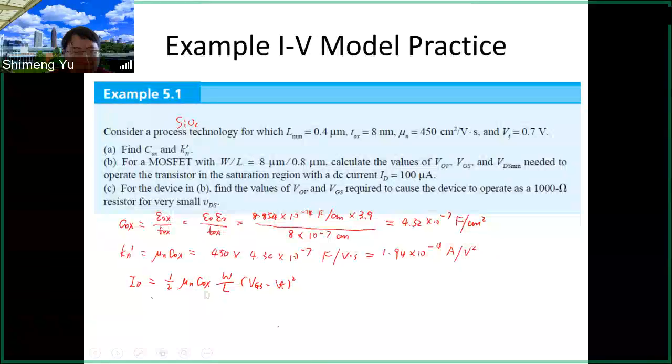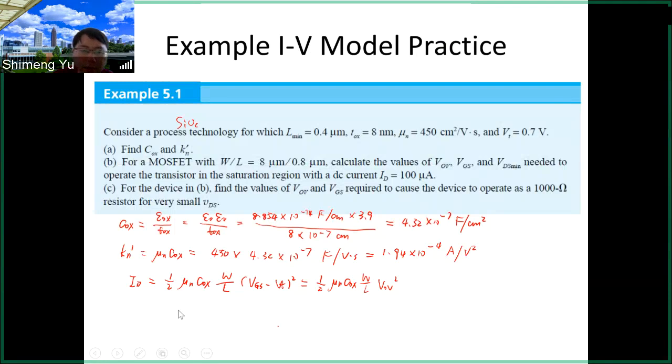Here we write down the correct equation because it's in saturation. So we use this one. We ask what is the voltage you need to apply. By definition, this is the VOV squared, because we define VGS minus VT as the VOV. Now you can plug in the numbers.